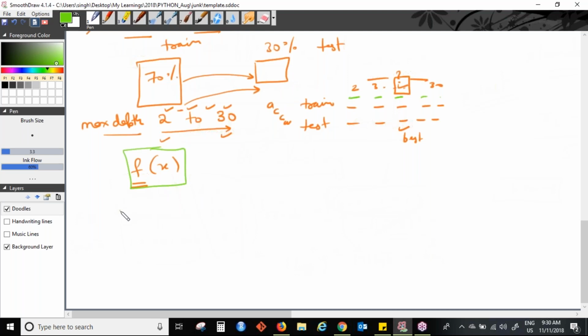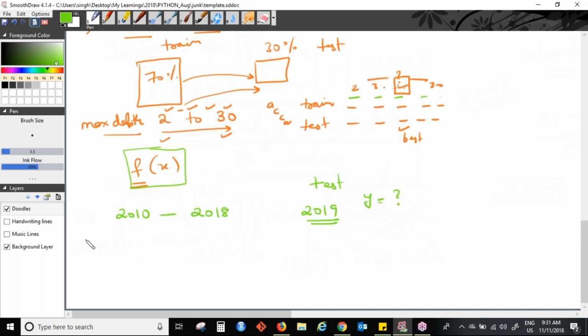So let's say another example. Let's say I have data from 2010 till 2018, and you have to make predictions for 2019. This is your final test data where y is not known to you.